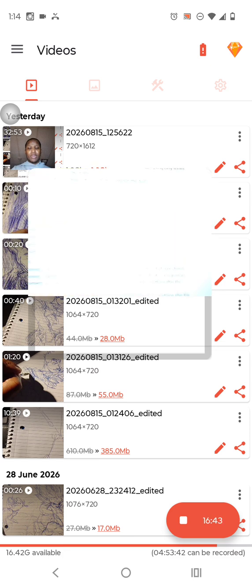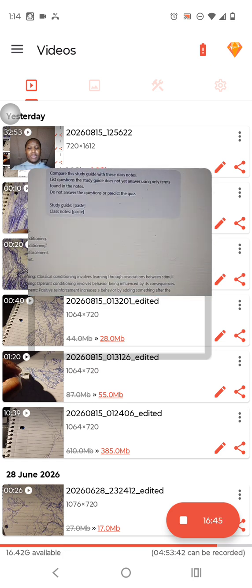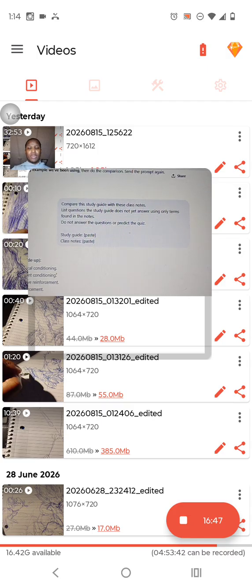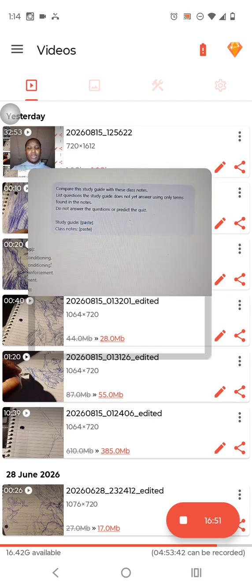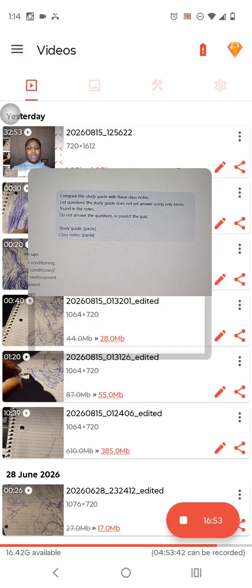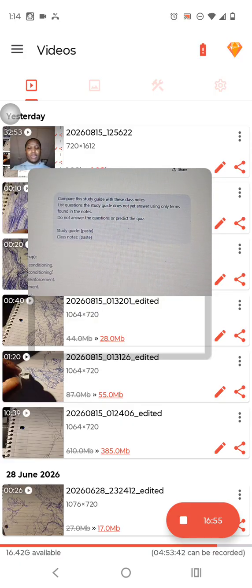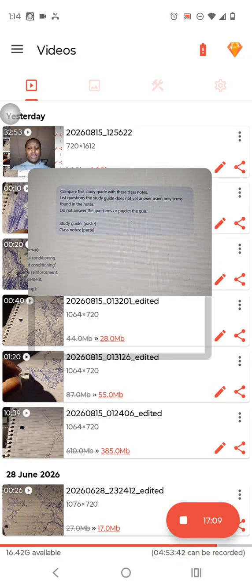So for the third prompt, it says, compare the study guide with these class notes. List questions the study guide does not answer yet, using only terms found in the notes. Do not answer the questions or predict the quiz. And then you paste the study guide and you paste the class notes.